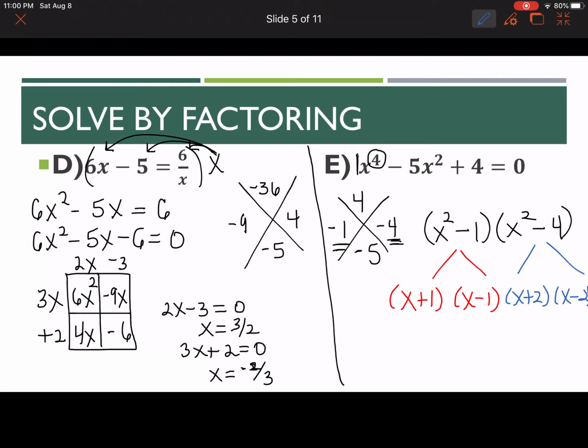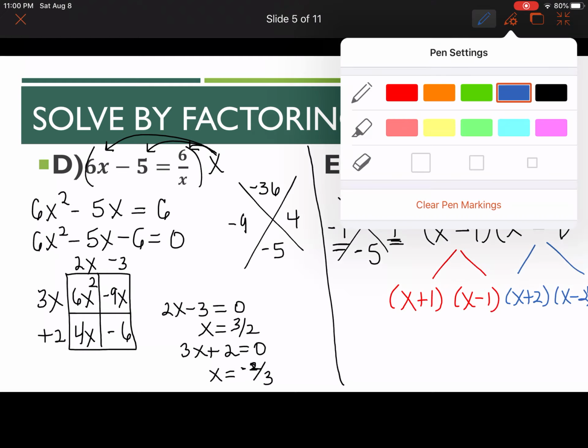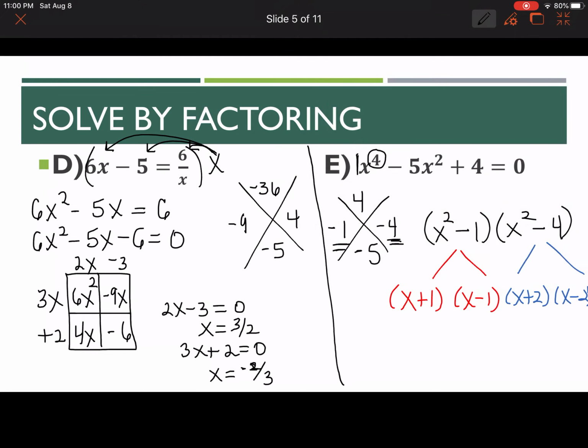So when we set these all equal to 0, our four solutions, because it's a fourth degree, would be x equals -1, x equals +1, x equals -2, and x equals +2. You could also say plus and minus 1 and plus and minus 2.